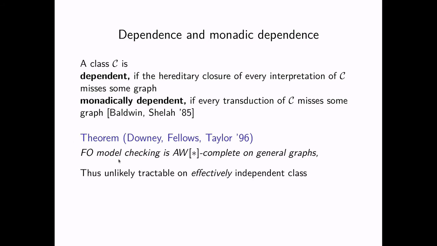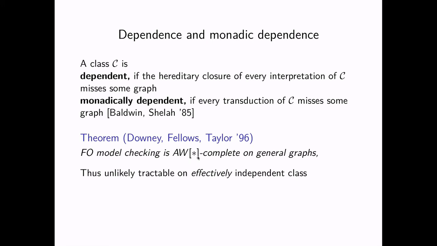So FO model checking is in general graphs AW-star complete, meaning that it's very unlikely that there is an FPT algorithm. And if you look at the definition of dependent, you might think that on classes that are not dependent, so they are called independent, we cannot get an FPT FO model checking.